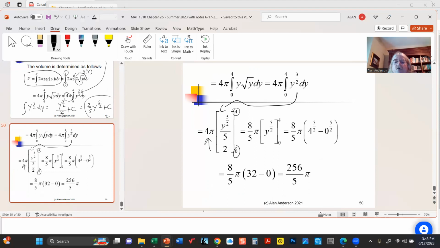And by the way, here I kind of skipped a step. Let me show you what happened. What you're actually doing here is moving the 2/5 on the outside.